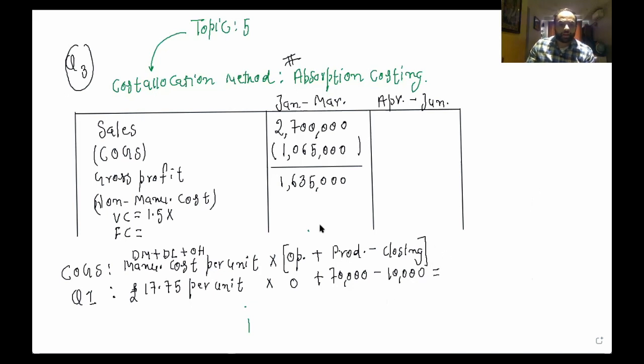So now, variable is 1.5 multiplied by 60,000, which is your sales units. So how much is variable? 60,000 multiplied by 1.5? 90,000, yes. 90,000, right? And fixed cost. How much is your fixed non-manufacturing cost?